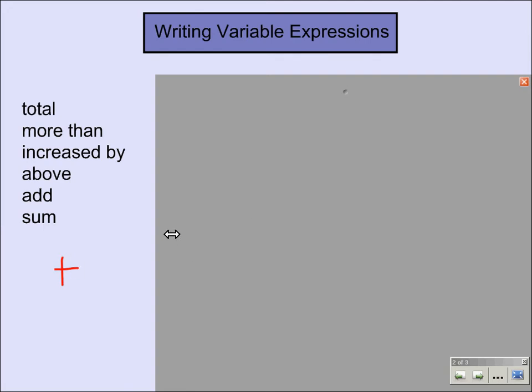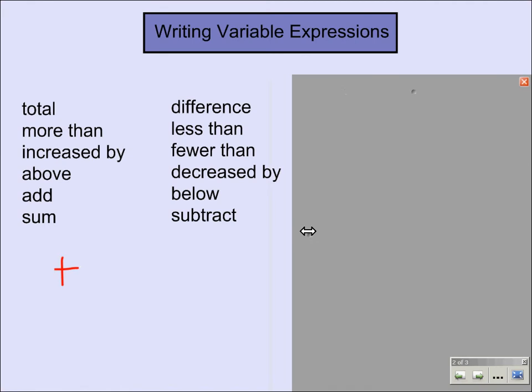Let's take a look at another set of words. Difference, less than, fewer than, decreased by, below, subtract. This group of words reminds us of the subtraction sign, or the minus sign. When we see these words, we know that we are subtracting something from something.